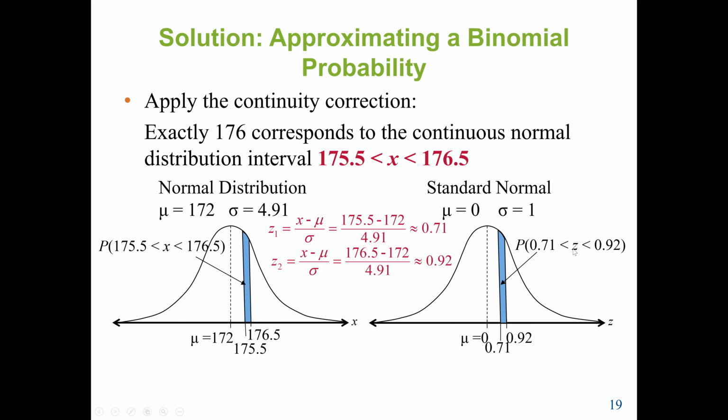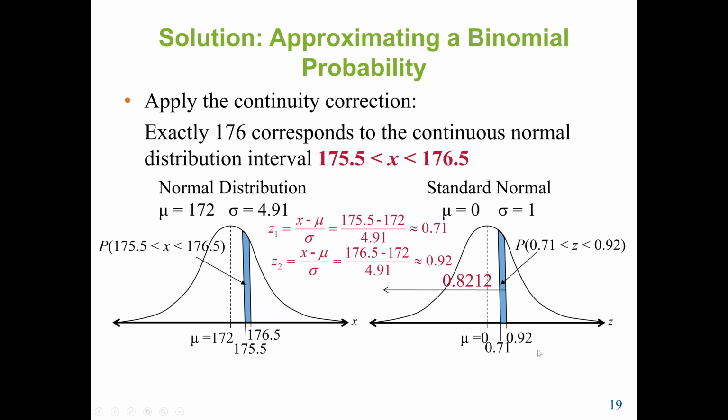So now we have our z values and the area we are looking for. We are going to look for the probability value that corresponds to 0.71, then the probability value that corresponds to 0.92. So for 0.92, it will be from the end of the interval to the left.